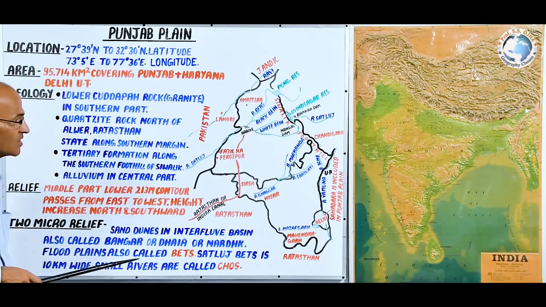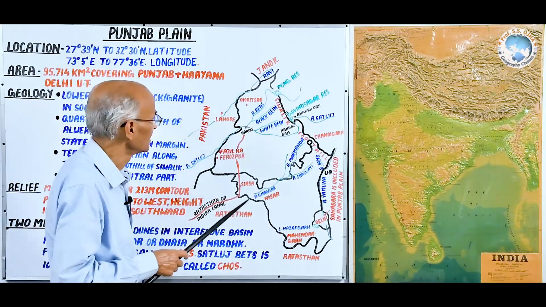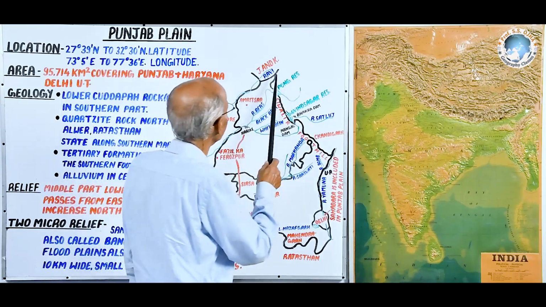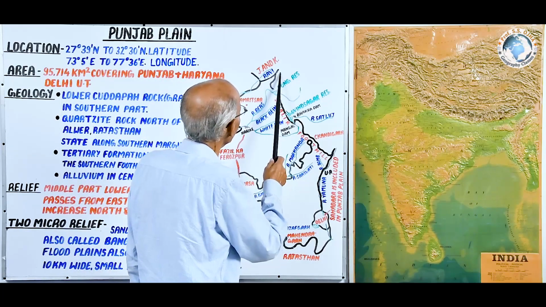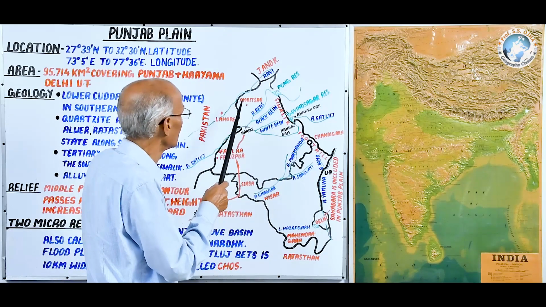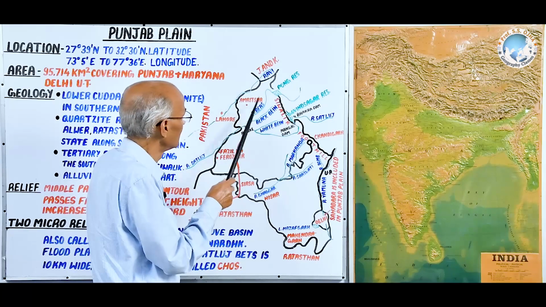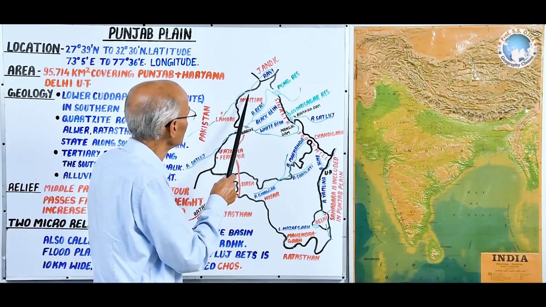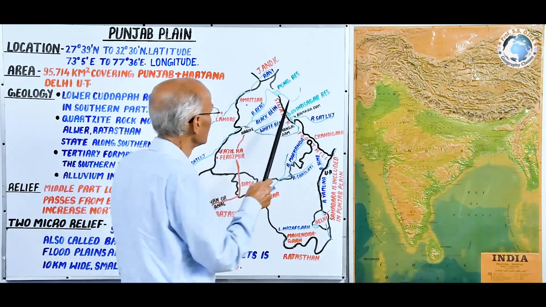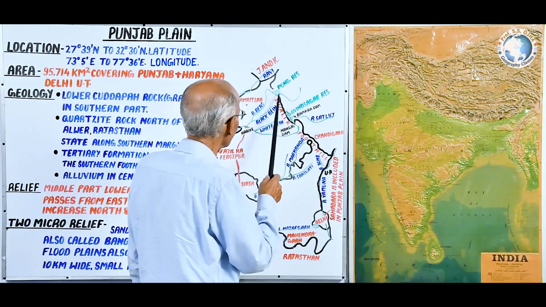And after topography, let us have a glance at its drainage. As it is clear, here it is river Ravi, and Ravi forms the border along Pakistan and this Punjab state for a longer distance. Then here it is river Beas.